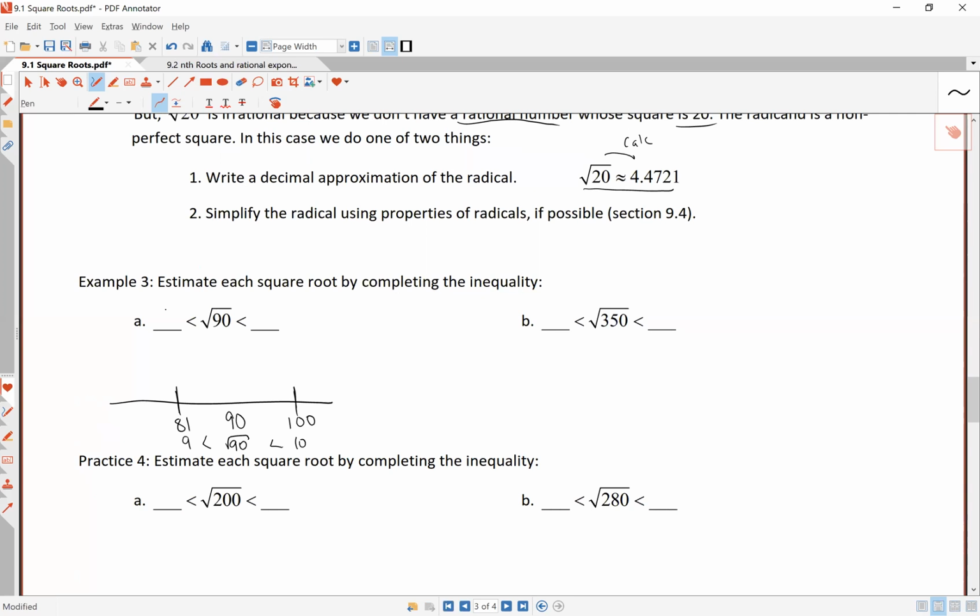And so we'll say that the square root of 90 is bigger than 9 and smaller than 10. And from this, we could estimate the square root of 90 to be about halfway between 9 and 10. And so we might say 9.4, 9.5, and that's a pretty decent decimal approximation from eyeballing it.